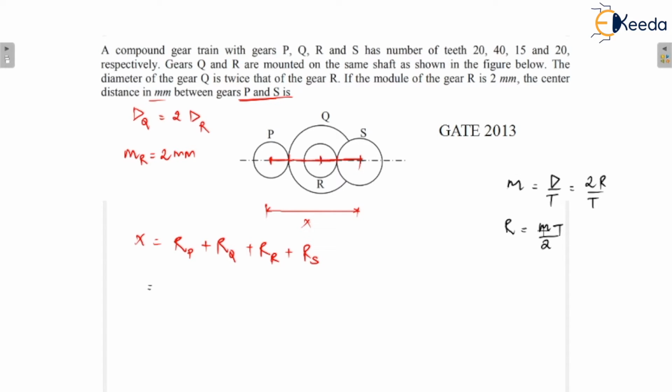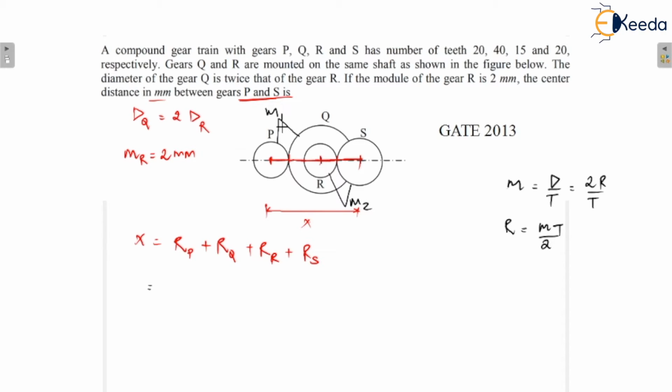Now see here, what is m? We know that for mating gears the module is the same. P and Q are mating gears and R and S are mating gears. Let us consider that the module of P and Q is M1, and the module of R and S is M2, because mating gears have the same module.